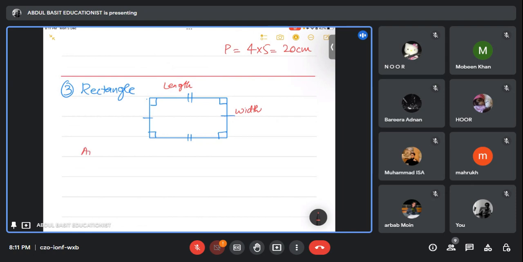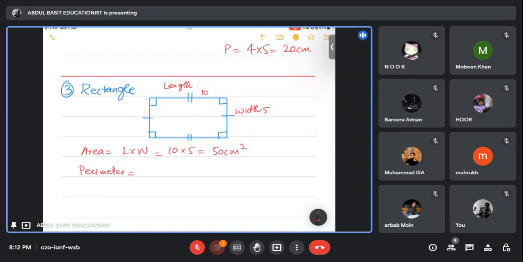So the area of the rectangle is equal to length multiplied by width. For example, if this is 10 and that is 5, then 10 times 5 is equal to 50 centimeter squared, and the perimeter means the boundary of the rectangle, as if you wanted to tie this rectangle with a rope.